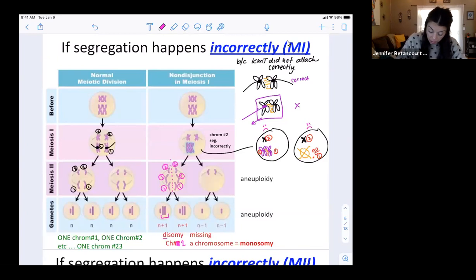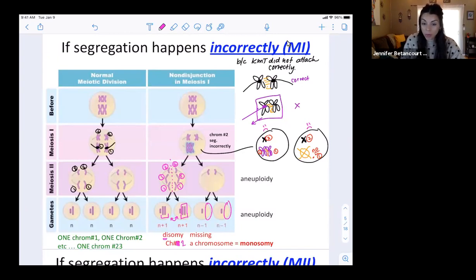Di meaning you have 2 of them. You shouldn't have 2 of them. You should have 1. And so both of these gametes are disomy 1s. They have 2 chromosome number 1s. This is a no-no. This one has no chromosome number 1, 0 of them.